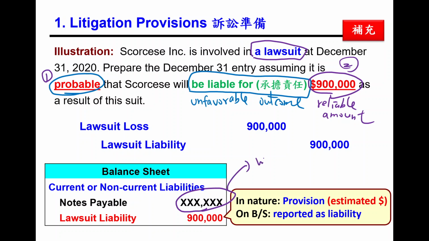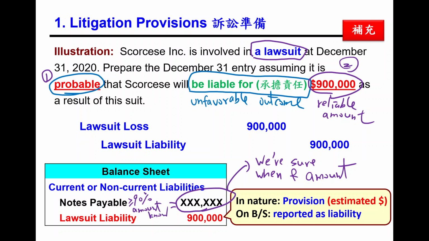So we are sure in both timing and amount, which means the possibility is higher than 90%.